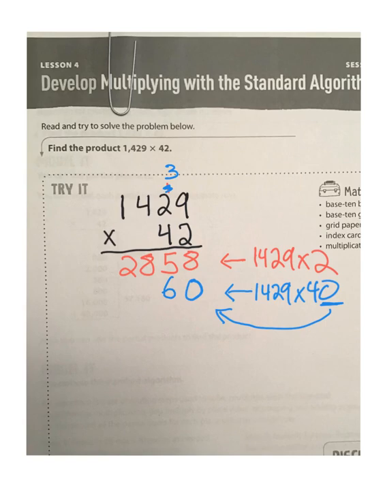And 8 plus 3 is 11. Put down the 1, carry the 1. Now, 4 times 4. 4, 8, 12, 16. 16 plus 1 is 17. Carry the 1. Whew, my last number to multiply is 4 times 1.